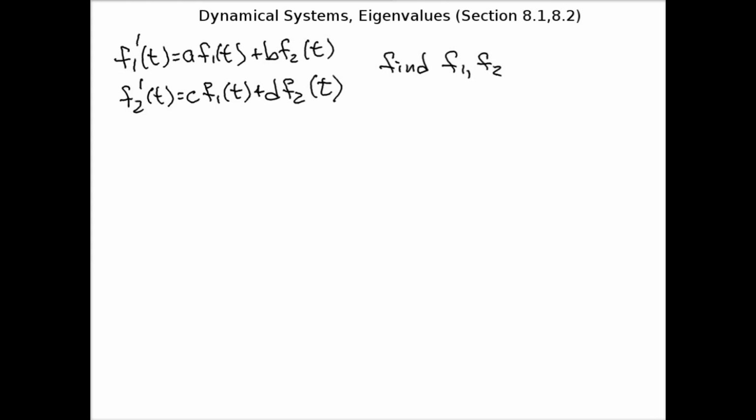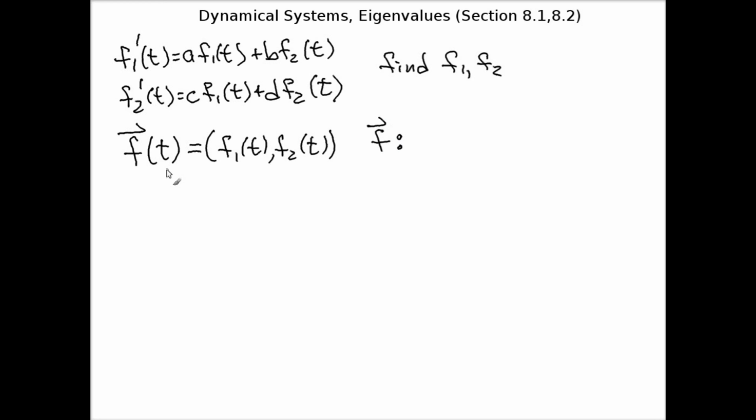So here is the system of two equations that I'm trying to solve. Again, I'm given these four constants a, b, c, d, and I'm trying to find f1 and f2. The first thing I'm going to do is to think of this as a vector equation, which is to say I make a new function. F of t is this pair of functions, f1 of t, f2 of t. So what is this f?